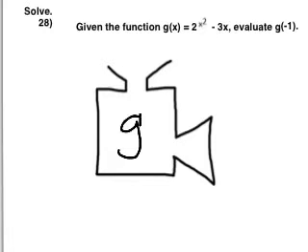This function g, what it does is it'll take an x that you put in, square it, multiply it by 2, then subtract 3 times that number, and it'll give you the g of x. That's what g does. So in this case we're putting in a negative 1. That's our x that's going in, and our g of x that comes out is 5.